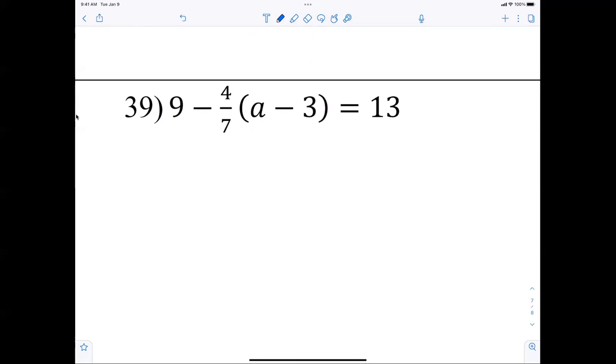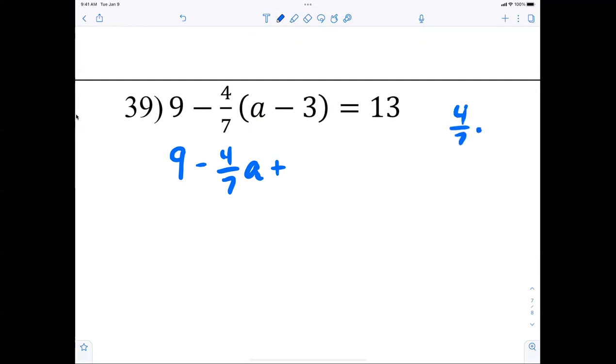39. Let's distribute the 4/7. No, you're distributing 4/7 to 3.